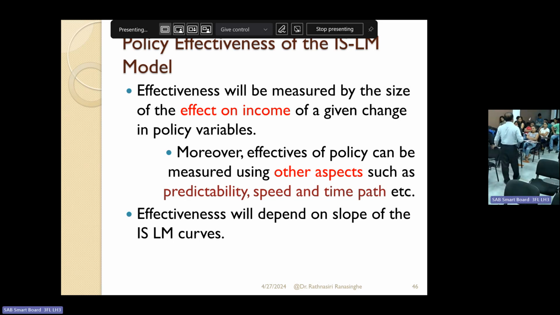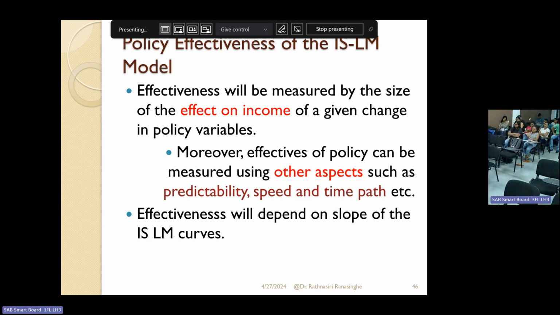The slope of the money demand function mainly depends on two factors, right? What are those factors? C1 and C2. C1 is the interest elasticity of money demand. Basically, we take here two factors: the interest elasticity of investment and the interest elasticity of money demand.